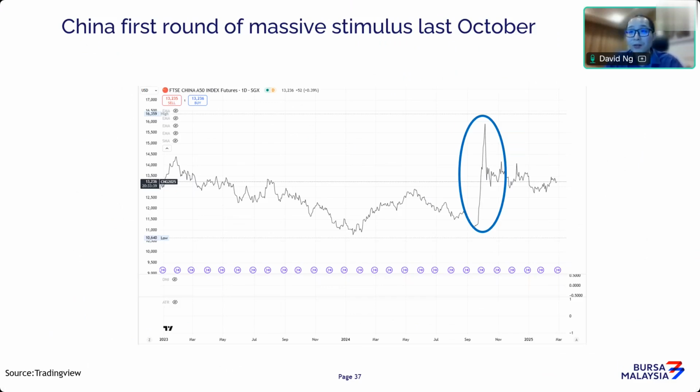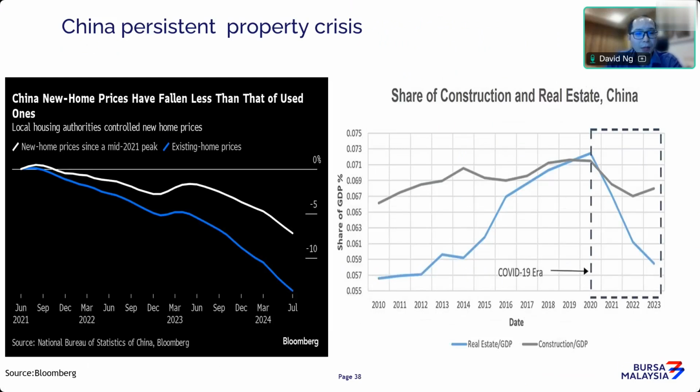But as of now, you still see that the government is watching closely. If the measures are not enough, I think more measures can be expected going forward as a way to prop up the Chinese economy. This is just to highlight the property crisis. It's ongoing, and like I mentioned, it's not easy to solve because real estate is a long-term asset.